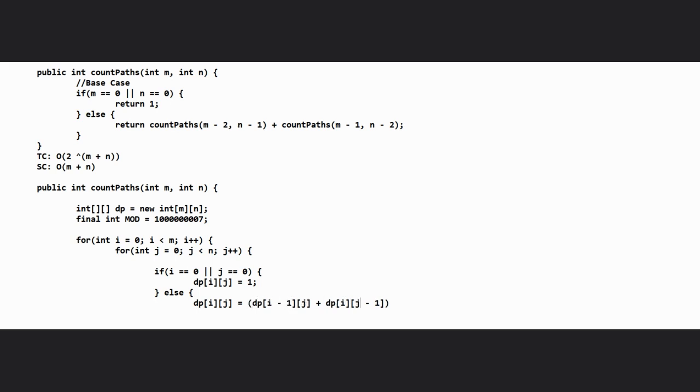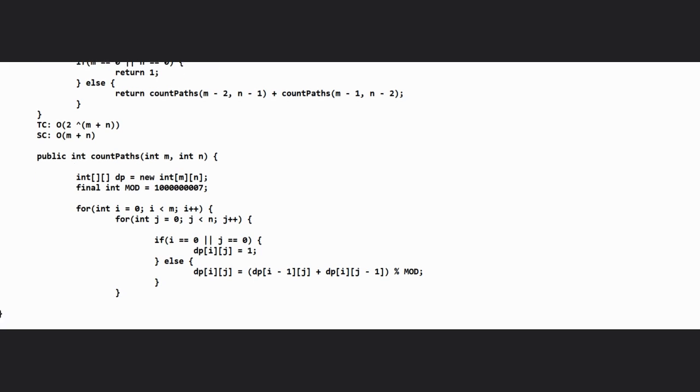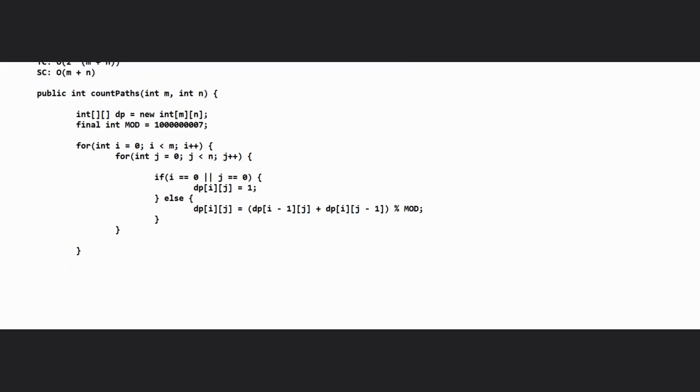So for the whole answer we need to do modulo this mod value, and then what we are going to return is dp of m minus 1, n minus 1.